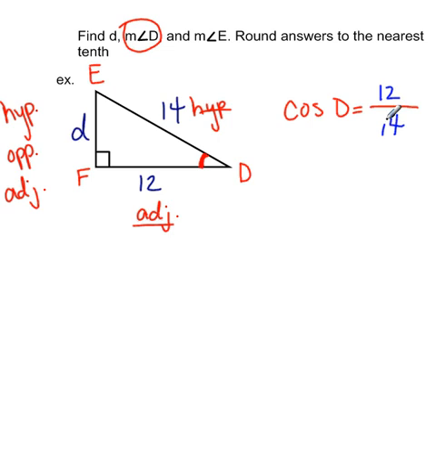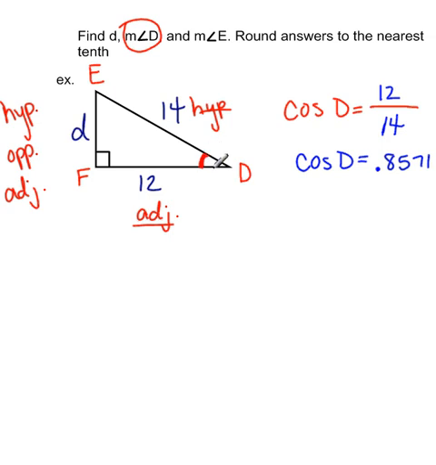So now we've got cosine of D equals 12 over 14. Let's turn it into a decimal. If you do 12 divided by 14, let's go out 4 places, 0.8571.